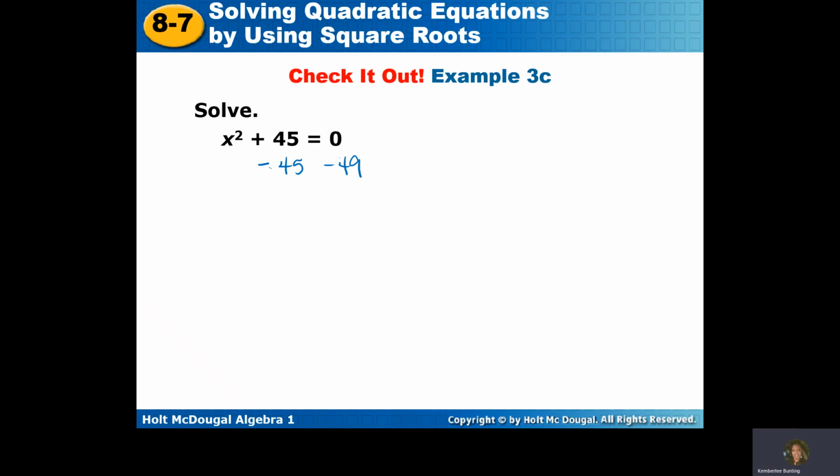Why did I write 49? Bless the teacher. My goodness. Okay. So you end up with x squared is equal to negative 45.